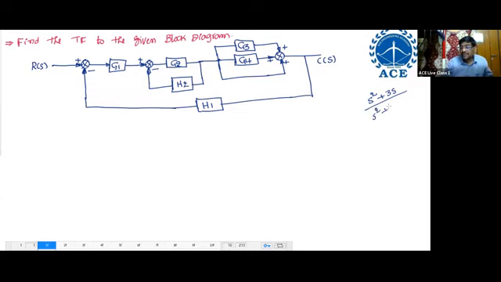This is the homework problem answer, with respect to K. With respect to P, it is minus 3S by the same denominator, S square plus 3S plus 12.